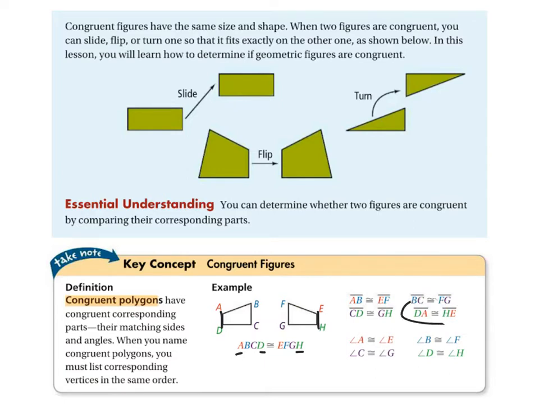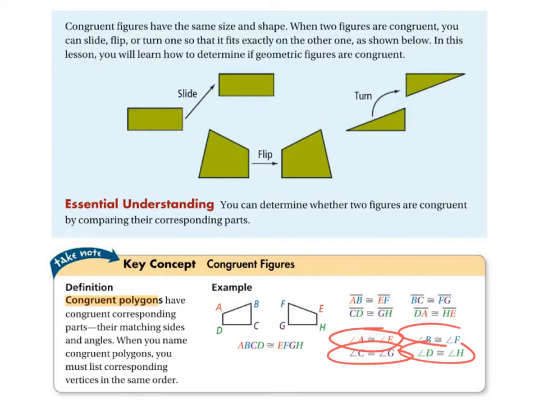So as long as you pick the same letters in the same position, like the last letter then the first letter, if you've written the name right, then you're going to get it correct. And we can do the same thing with the angles. Since vertex A corresponds with vertex E, then angle A is congruent to angle E. Since C corresponds with G, angle C is congruent to angle G, etc., all the way around.